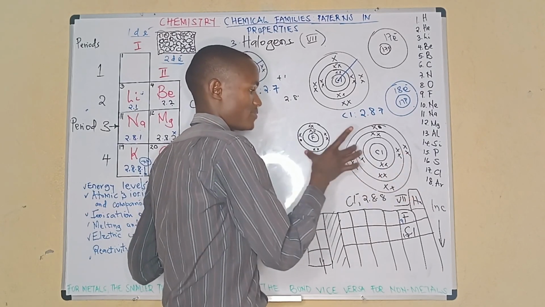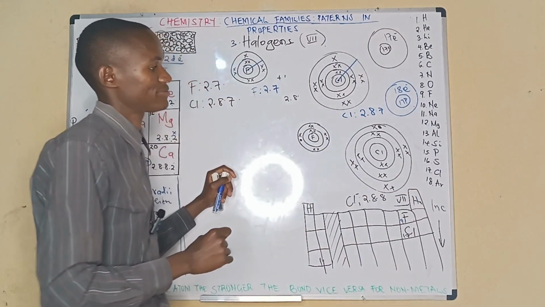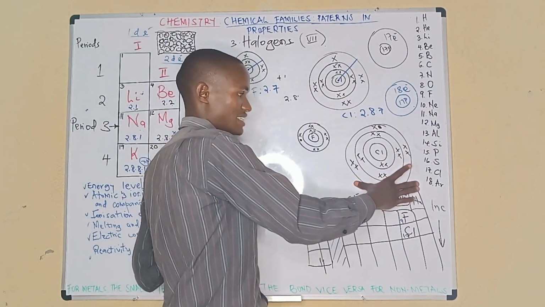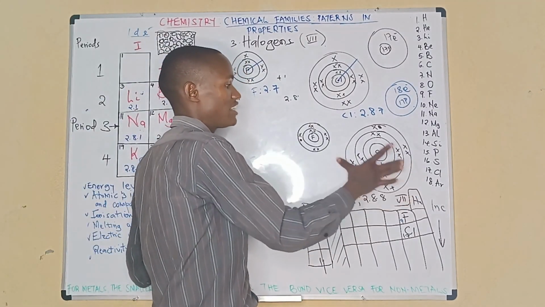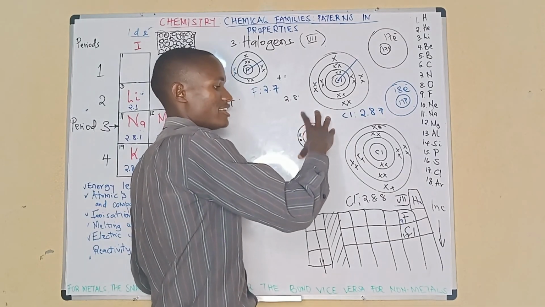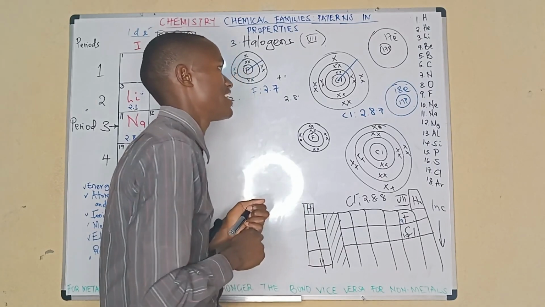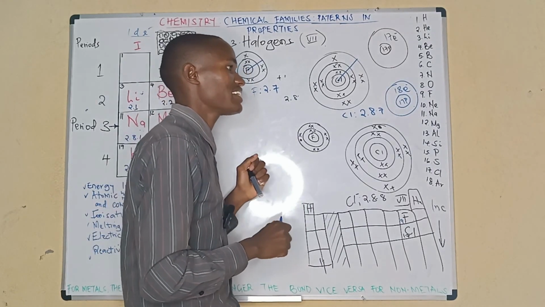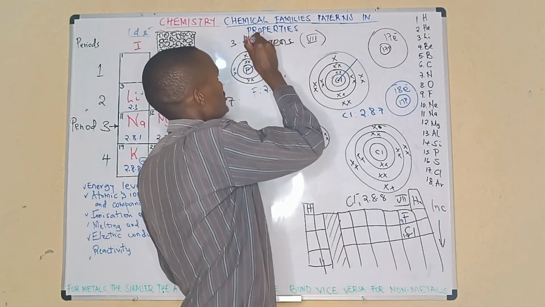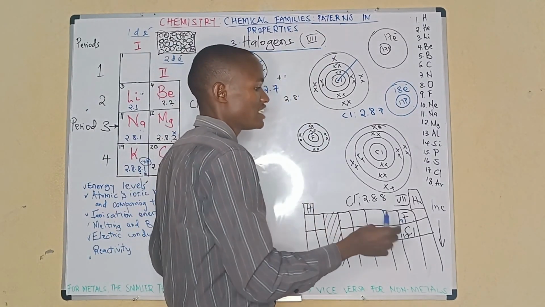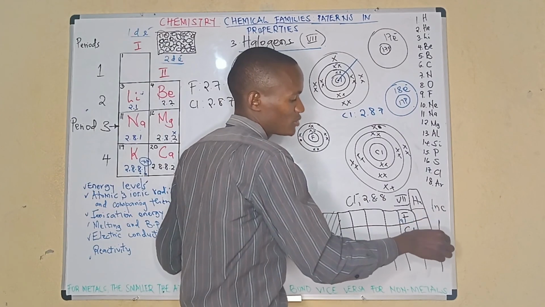Chlorine can be seen to be bigger than the fluoride ion, and therefore the ionic radii of halogens increase down the group too.